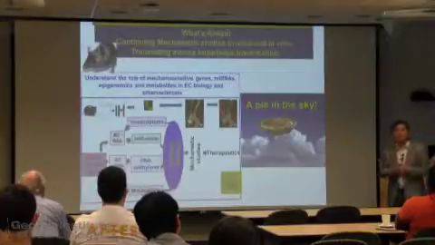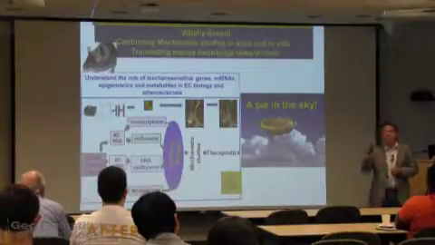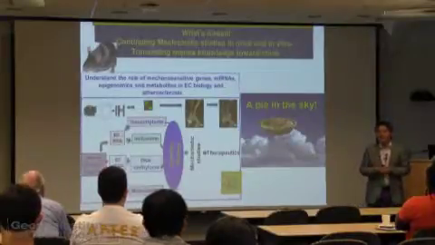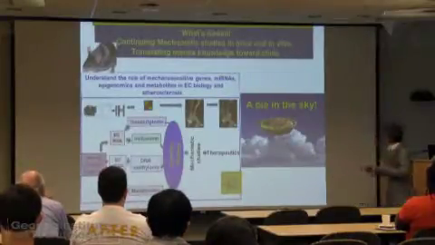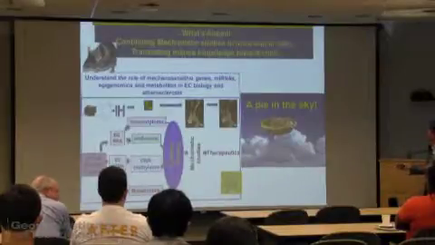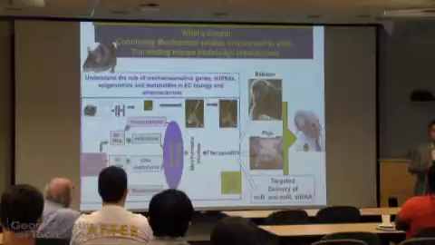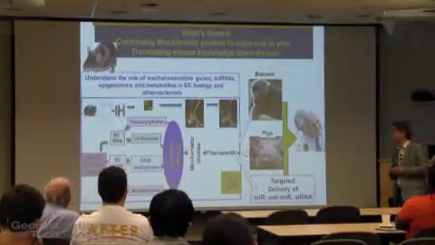So far, we have been doing really well in terms of preventing atherosclerosis in mice. But that's not my end goal. I think our end goal is somewhere downstream. This is where we want to go. We want to develop a therapy that will actually be useful for humans.